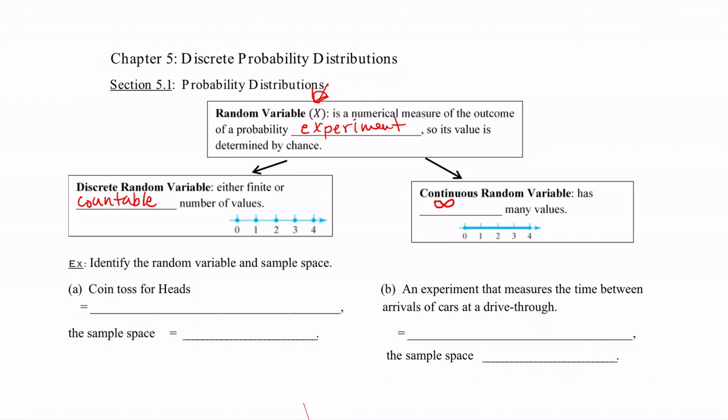In the first example, identify the random variable and sample space of the experiment of tossing a coin and counting the number of heads. So here our random variable X will just tell us the number of heads in a particular toss.